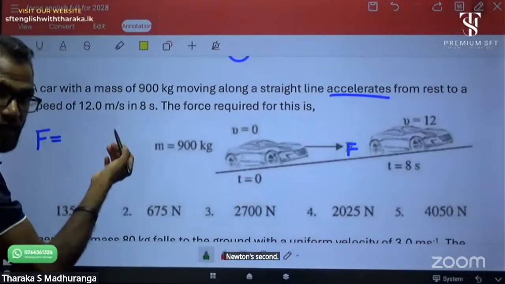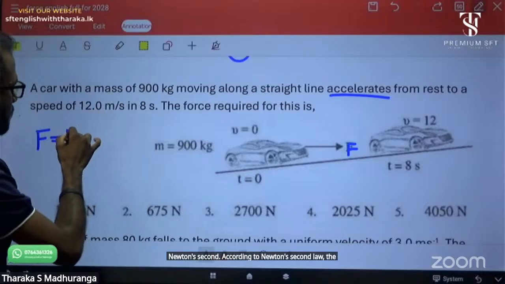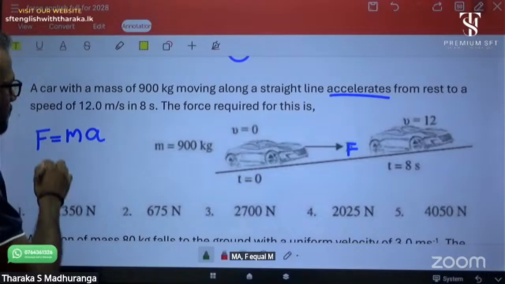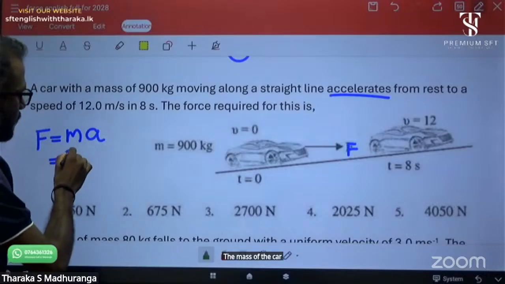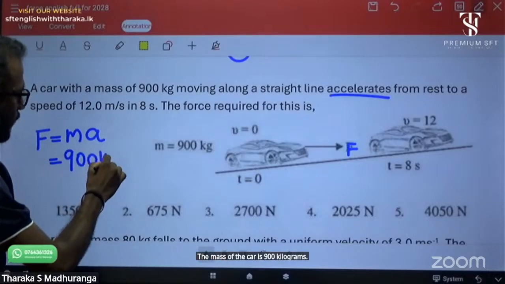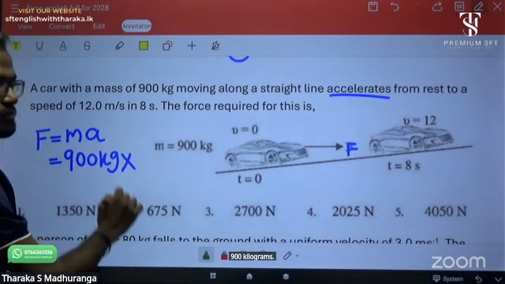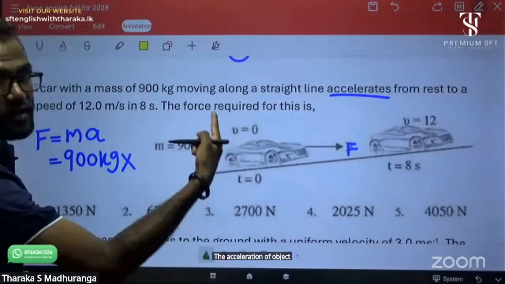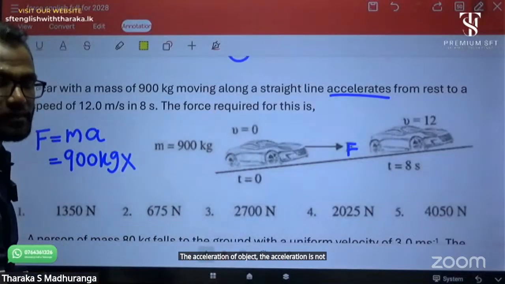According to Newton's second law, the equation is F equal ma. The mass of the car is 900 kilogram. The acceleration is not given directly.